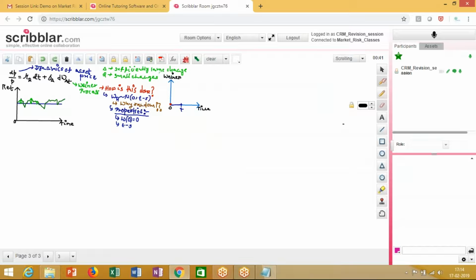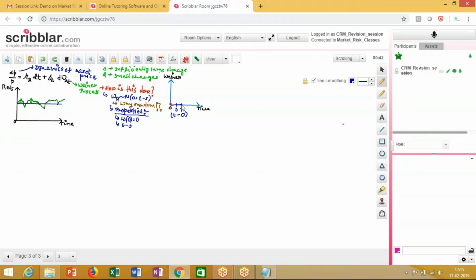So this is the total time interval. Let's say the system had started somewhere from s. So the total interval of time would have been t minus s. Now the question is why I'm considering the difference as t minus s.